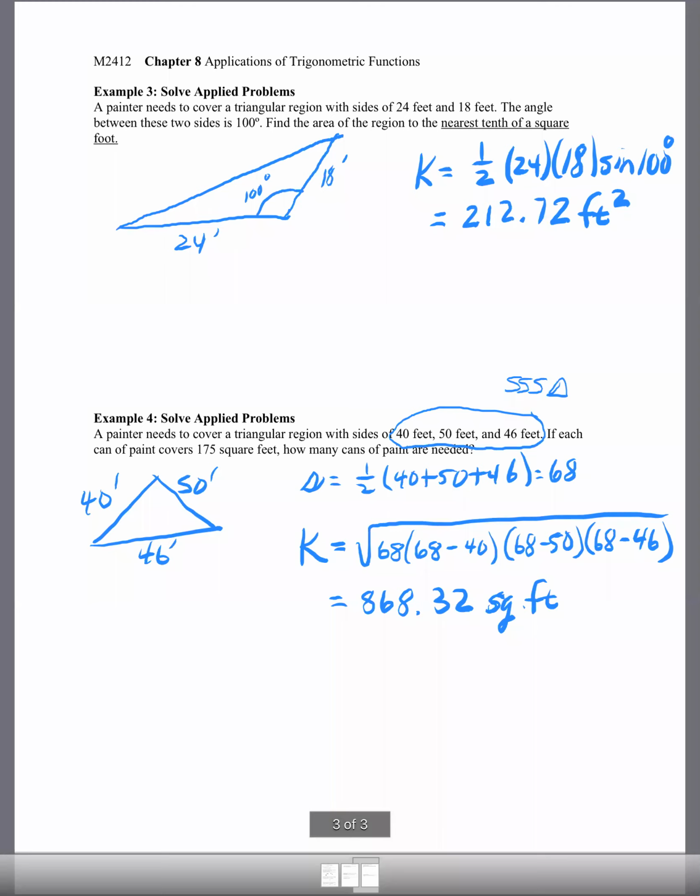Again, like we said, this is not what they want to know from us. They want to know how many cans of spray paint we need. And so if we take what 1 can will actually cover and divide that into 868.32, let's see how many cans we will get.